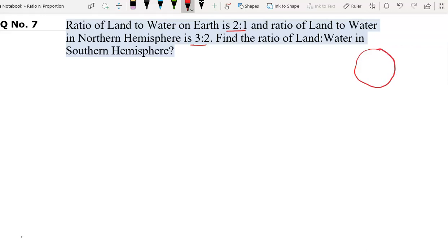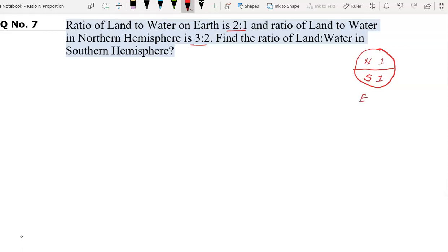Now we know that earth is divided into northern hemisphere and southern hemisphere. This is the equator. So if this is north, this will be south. So if north is 1, north and southern hemisphere will be equal. So if north is 1, then south will also be 1.